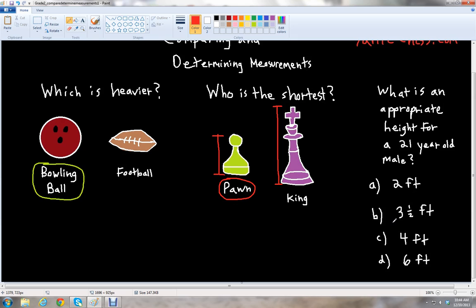And then when you get to 4 feet, sure, there probably are some 21-year-old males that are 4 feet if they come from a very short family, but for average, I would say that 6 feet would probably be the appropriate height for a 21-year-old male. So this would probably be a good estimation for a 21-year-old male, 6 feet tall.